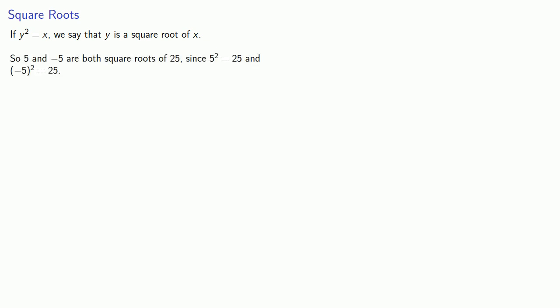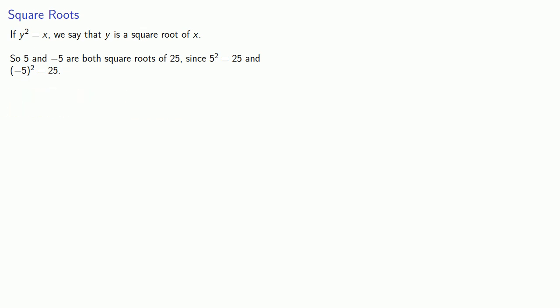This isn't actually a new idea. You've already seen this before in the context of square roots. If y squared equals x, we say that y is a square root of x. So 5 and negative 5 are both square roots of 25, since 5 squared is 25 and negative 5 squared is 25.